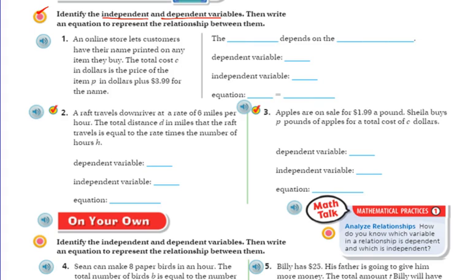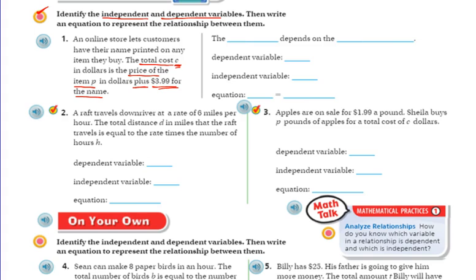An online store lets customers have their name printed on any item they buy. Do not need to mark anything up there. The total cost C in dollars is the price of the item P in dollars plus $3.99 for the name.